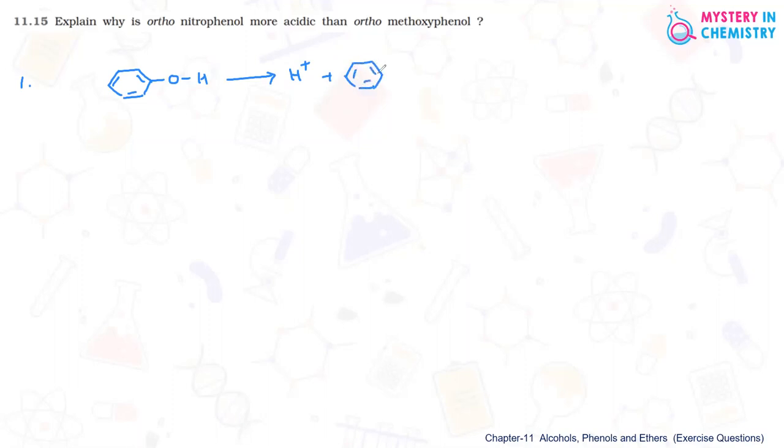So the phenoxide ion is O negative. After that, the important thing is this bonding pair of electrons between oxygen and hydrogen. This bonding pair should be more towards oxygen. Then only it can give a proton easily.